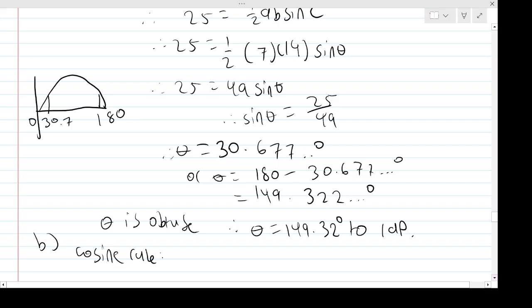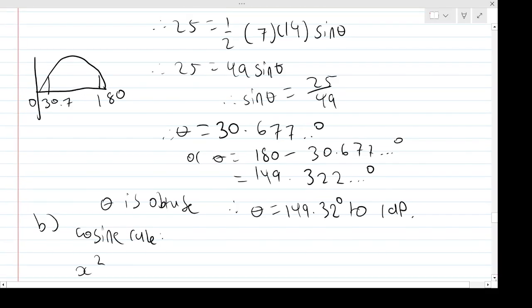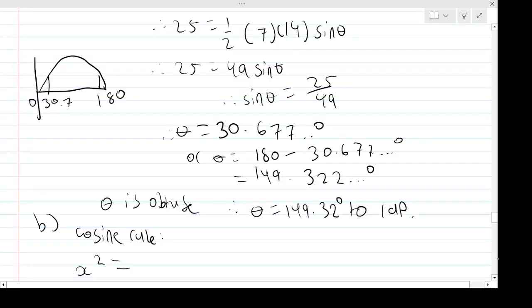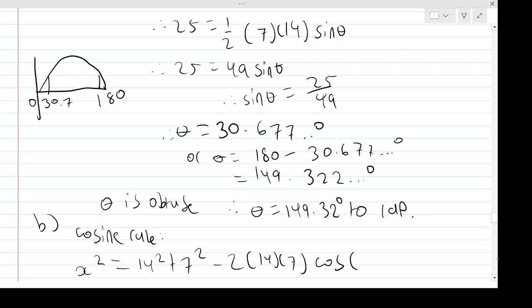we can then say that x squared is going to be the other two sides all squared. 14 squared add 7 squared, take away two lots of 14 lots of 7, cosine of the angle 149.322.